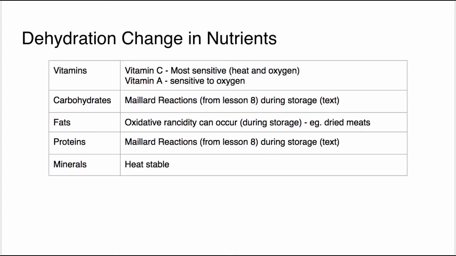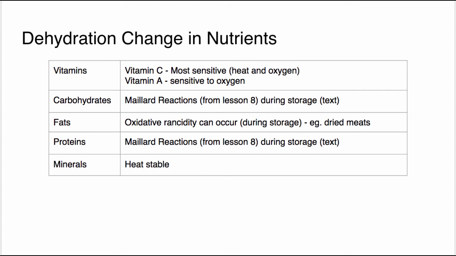So when we look at our different food components, vitamin C is the most sensitive to heat and oxygen, so it can be often lost during dehydration. Vitamin A is also sensitive to oxidation, so it can be lost. Carbohydrates and proteins can react during dehydration, particularly during long-term storage.